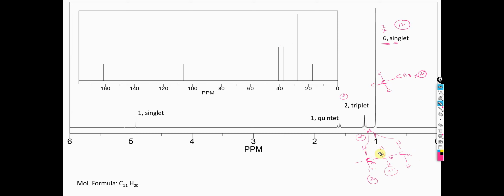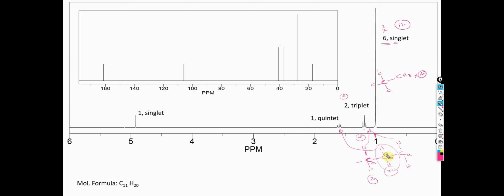And that pans out to be true when you look at this quintet, the splitting of 5 small peaks. It tells you that these 4 hydrogens, which are the same hydrogens, are splitting this Cb CH2 into a quintet. So that's that.